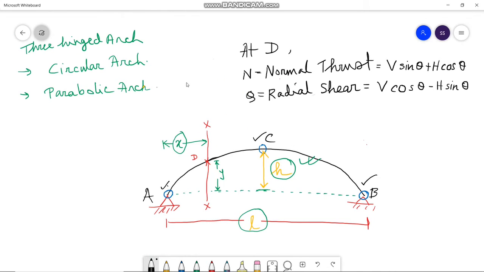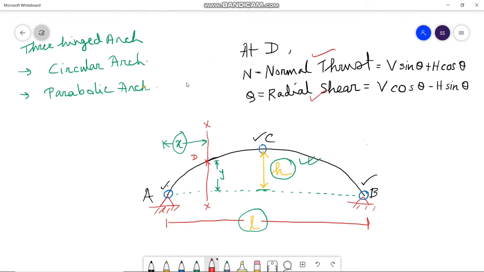For analyzing an arch, we need to calculate the normal thrust, this one, and the radial shear, this one, at any point on an arch.